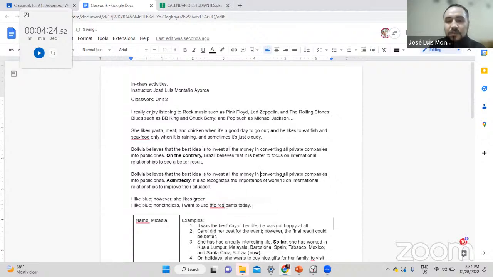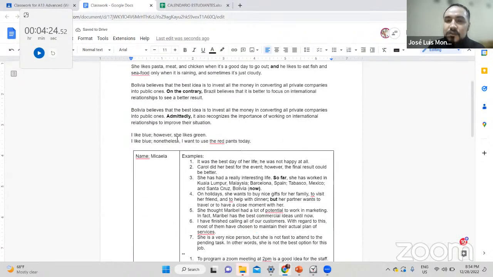So what is the main difference that you see? In the first one, you see two completely different ideas: I like blue and then she likes green, however. But when you don't see completely different ideas, and just because of an exception or something that happened, it seems that it's not like this, you can use concession.